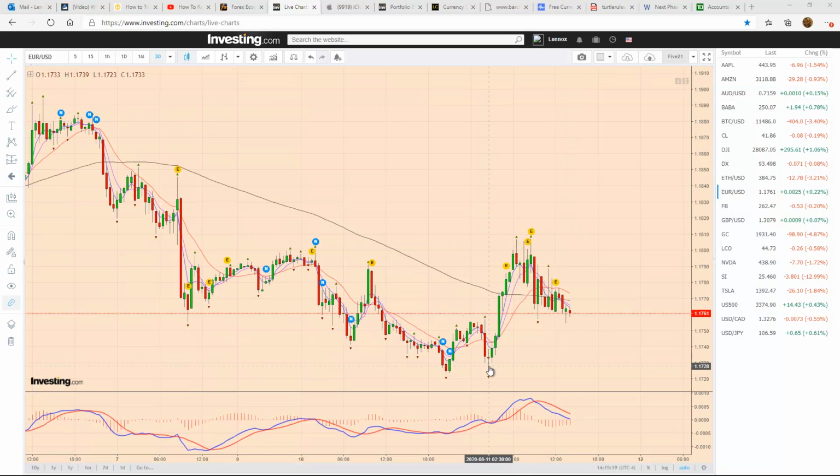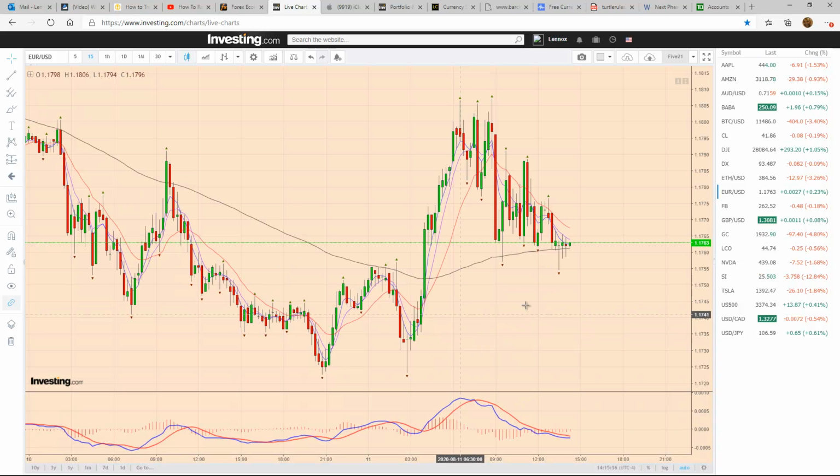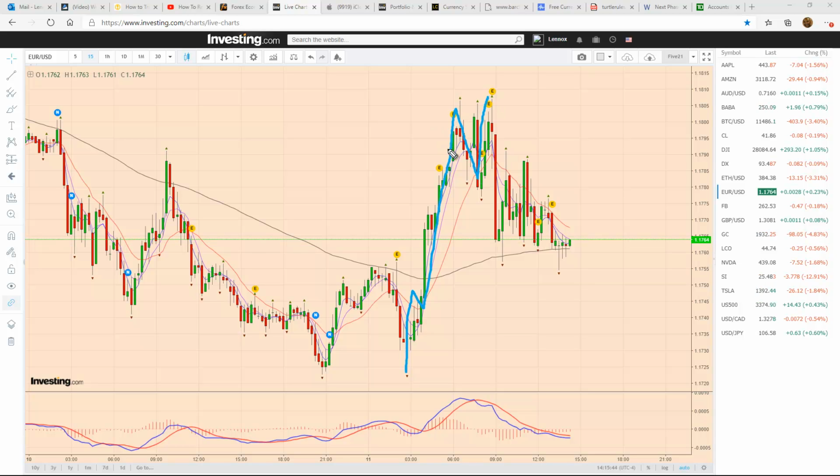So Euro US a little bit more of a move to the upside against the US dollar. So opportunity there for a quick move. This is on the 30 minutes, so probably the better opportunity was down on the 15-minute time frame. You might see that a lot more clearer, and there it is indeed.